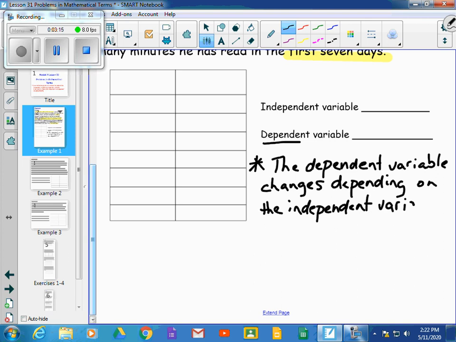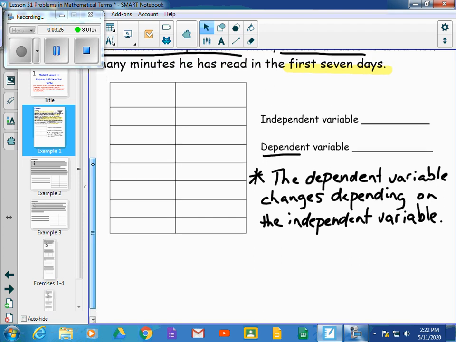One of these variables changes the other. The one that gets changed because of the other is the dependent variable. It depends on what the independent variable is.